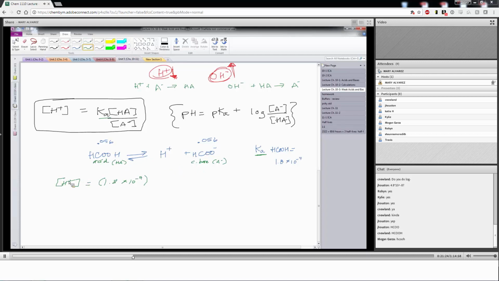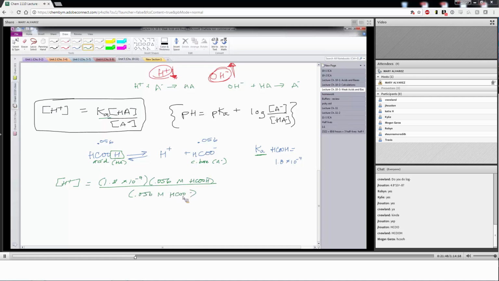Excellent. Okay, so here's my acid because it has an extra H right here. So that's going to be the HA. So I'm going to have 0.056 molar HCOOH divided by 0.056 molar HCOO minus.